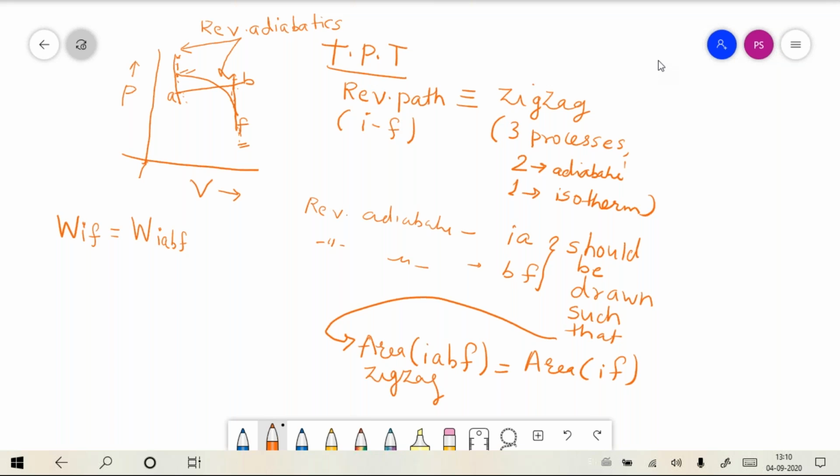Why is that so? That is because we have drawn the three processes such that the area is the same.